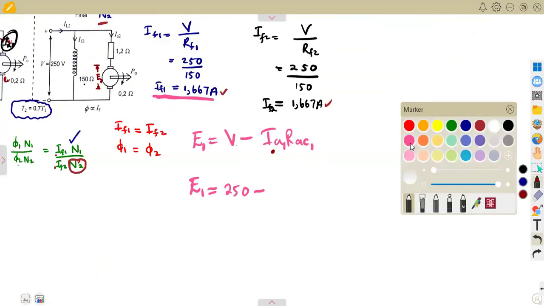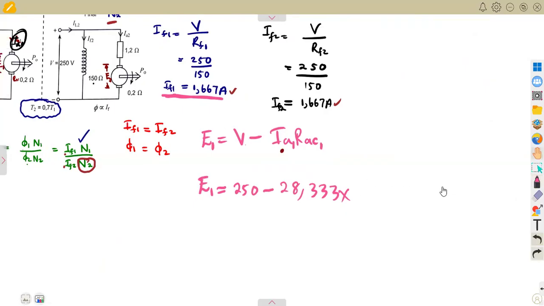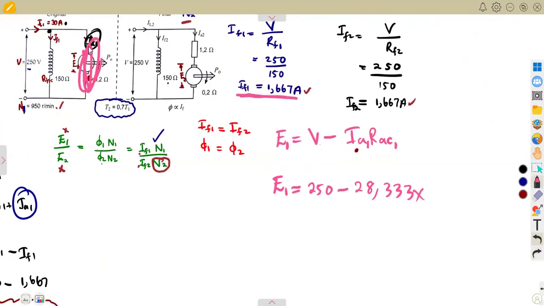So let us substitute here. This is 28.333 times the resistance of the armature circuit, everything that is affecting the armature of the first circuit, the original circuit. There is only the armature resistance there, of 0.2.